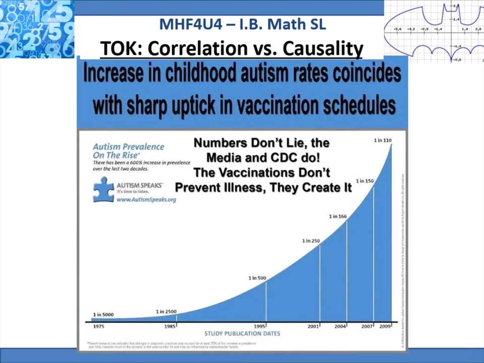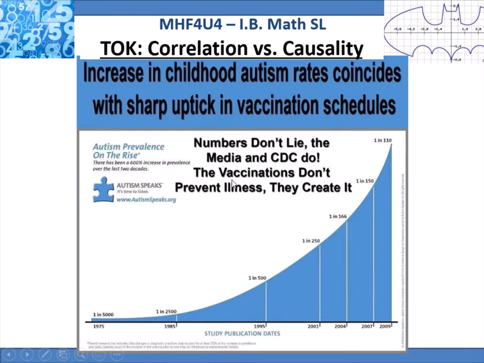There's a segment of the population that believes that autism is caused by vaccination, and they're gathering data, and they can take data and plot it in a way that makes it look like there's some sort of relationship. So this is from some scary anti-vaxxer website. "Numbers don't lie.